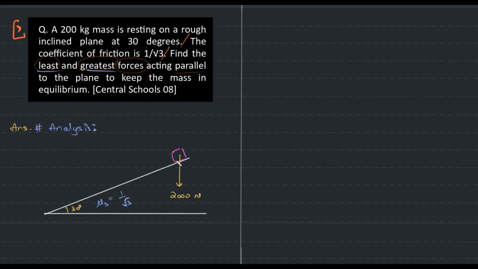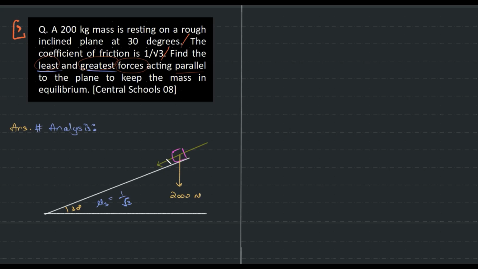See, it's quite simple. I'll ask you this way: I can either pull the object down or push the object up. In which case will it be the least force, and in which case the greatest? The least force will be when you pull it down, because the mass is already there.